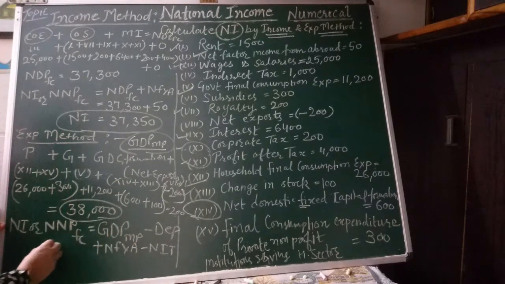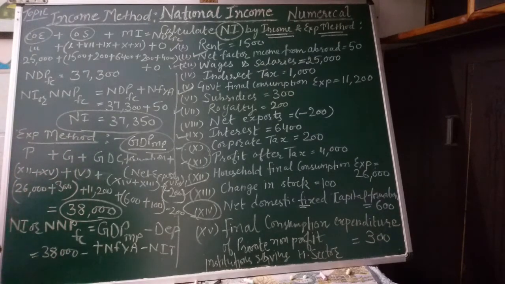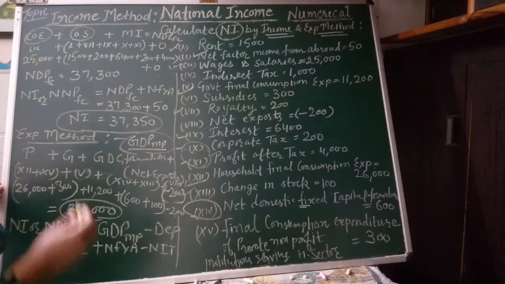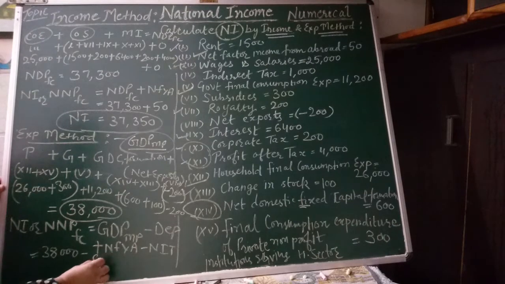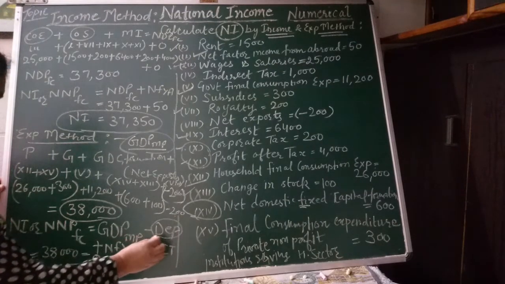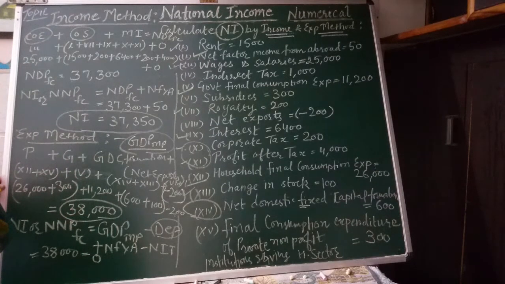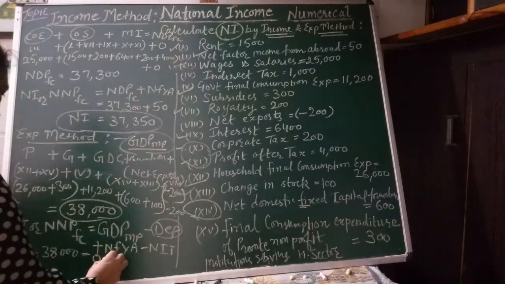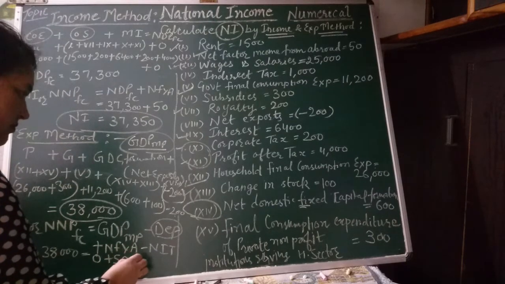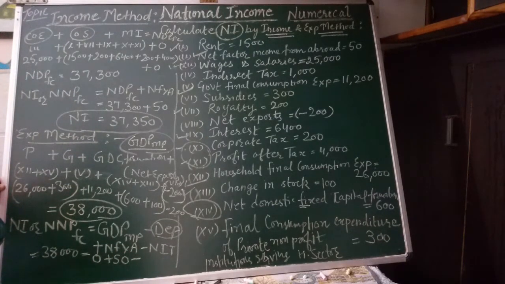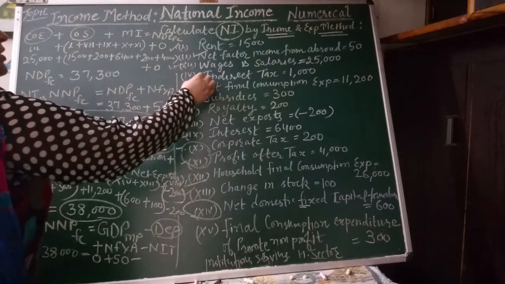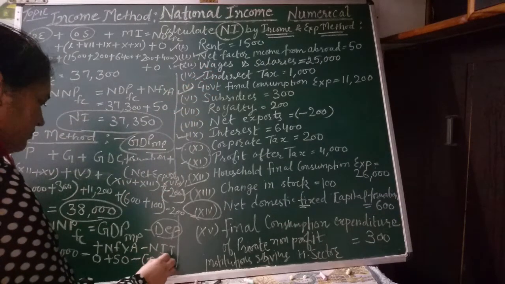Calculations are 38,000 minus depreciation. Depreciation is not given, so we are writing 0 against it, depreciation 0, then net factor income from abroad, second item which is 50, plus 50 minus net indirect taxes, indirect taxes minus subsidies.